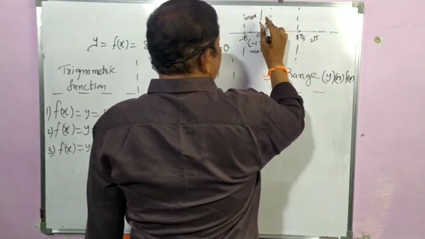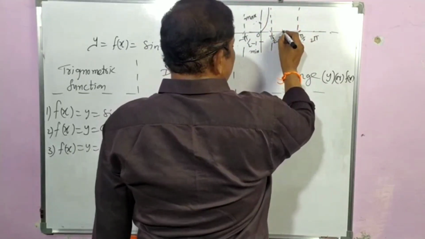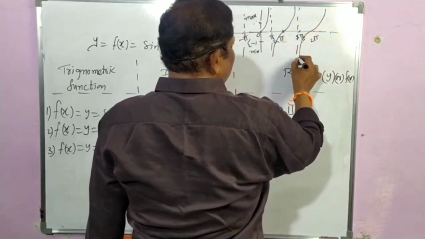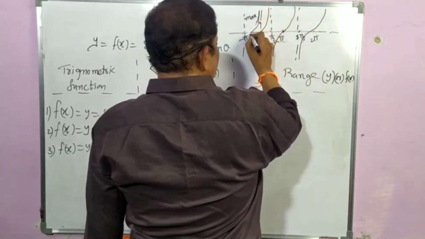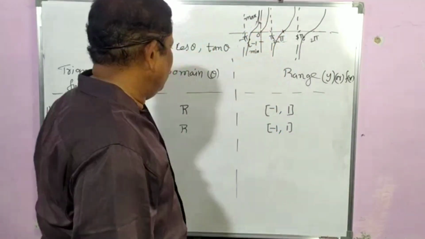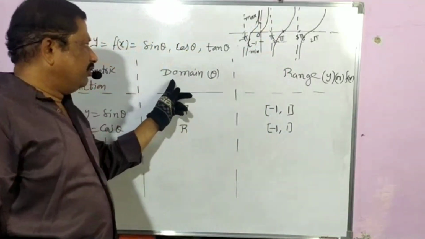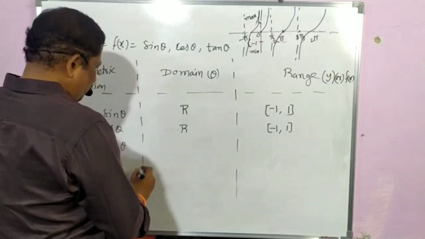Tan 0 is 0 and the graph goes like this. For θ = 90 it is not defined, so we remove that 90.